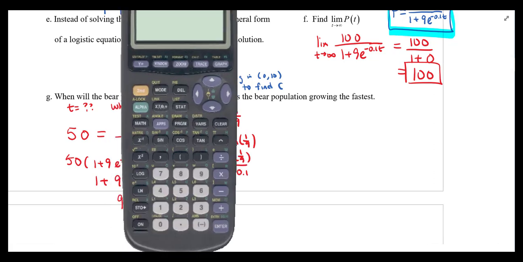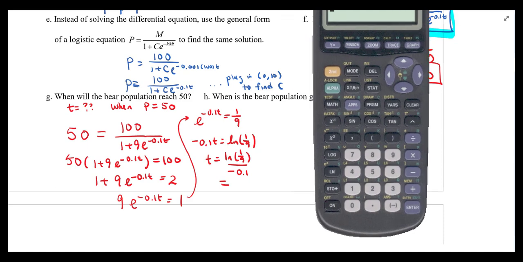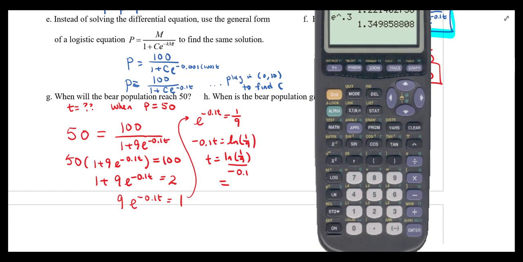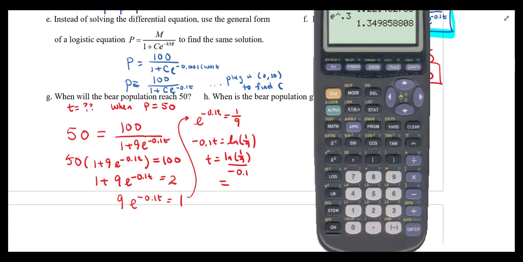Calculator time. What do I get? ln of 1/9 divided by negative 0.1, 21.972.